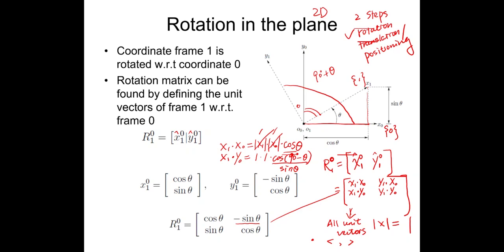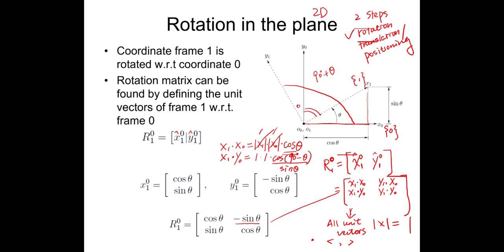Okay, so if we want to consider the rotation between two frames, we need to calculate the rotation matrix, which is R10. R10 means we have the reference frame 0, and we rotate to frame 1. If we calculate it by definition, as we talked about 20 minutes ago, that is my new frame projected to the reference frame.